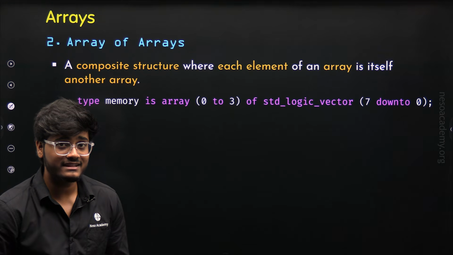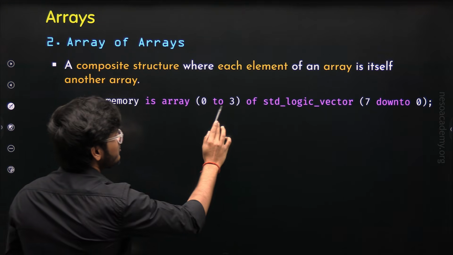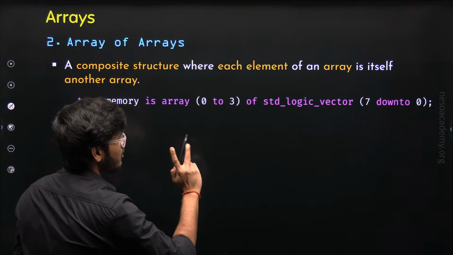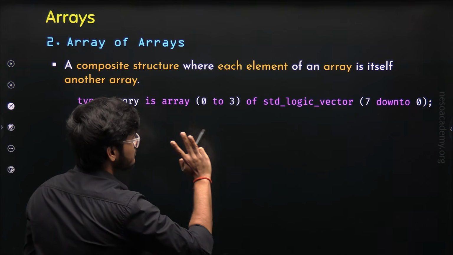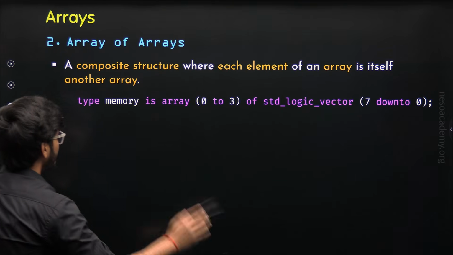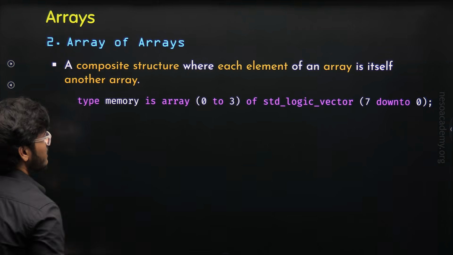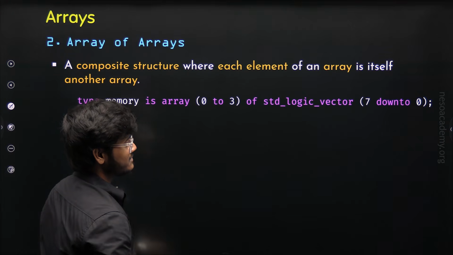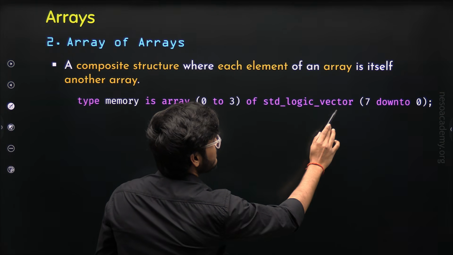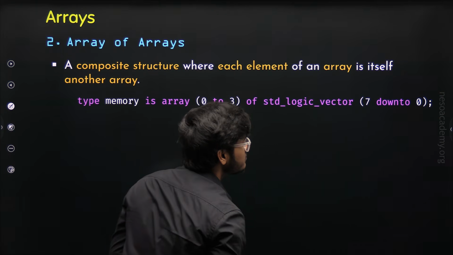And how many arrays? 0 to 3. 0 to 3 means 0, 1, 2, 3. Total 4 arrays. So this data type memory contains 4 arrays and each array is of standard logic vector 7 down to 0.